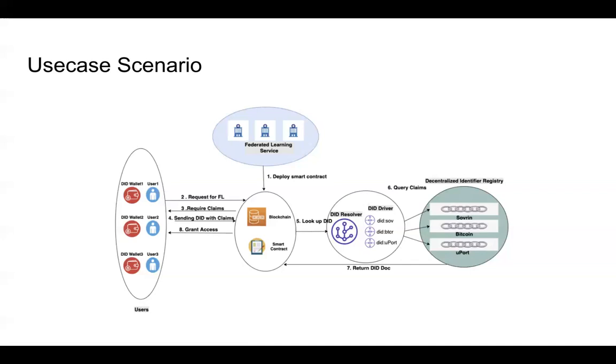Then our smart contract will automatically verify if the claims in the document can satisfy the requirements for access control. If it succeeds, then access will be granted to the users.